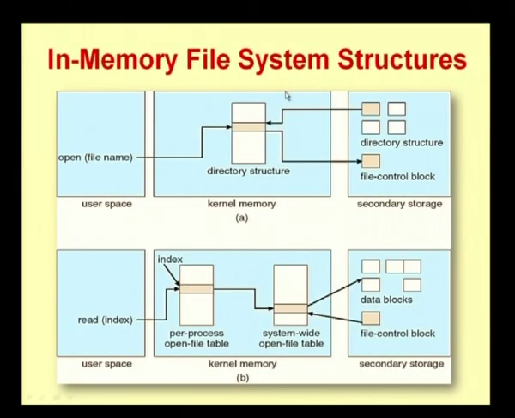We have a raw partition or a formatted partition. What is a raw partition? A raw file system is a file system that does not have any sort of partitions.